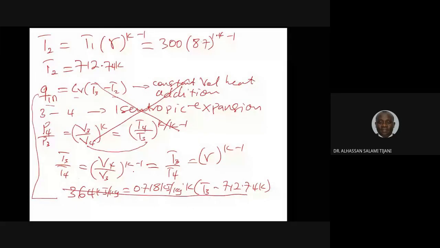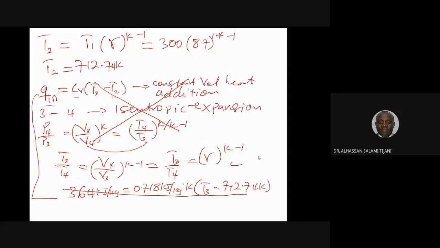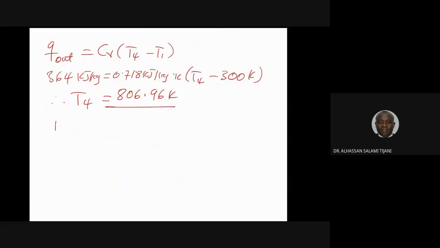Okay, so T3 will give us T3 equals T4 times R to the power of, minus 1. So then that gives us 806.96 times 8.7 times 0.4.